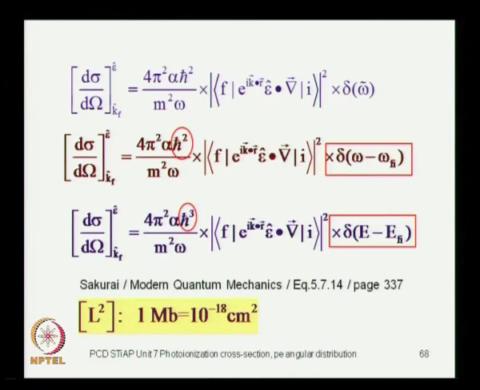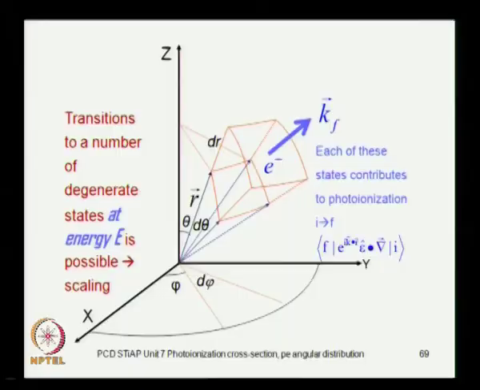So make sure that you always keep track of the dimensions, and here you will have the dimensions of L square. It is a cross section, so it has dimensions of area, and it is usually reported in units of 10 to the minus 18 centimeters square, which is called a megabarn. So that is the unit in which the cross section is usually reported, and 1 megabarn is 10 to the minus 18 centimeters square.